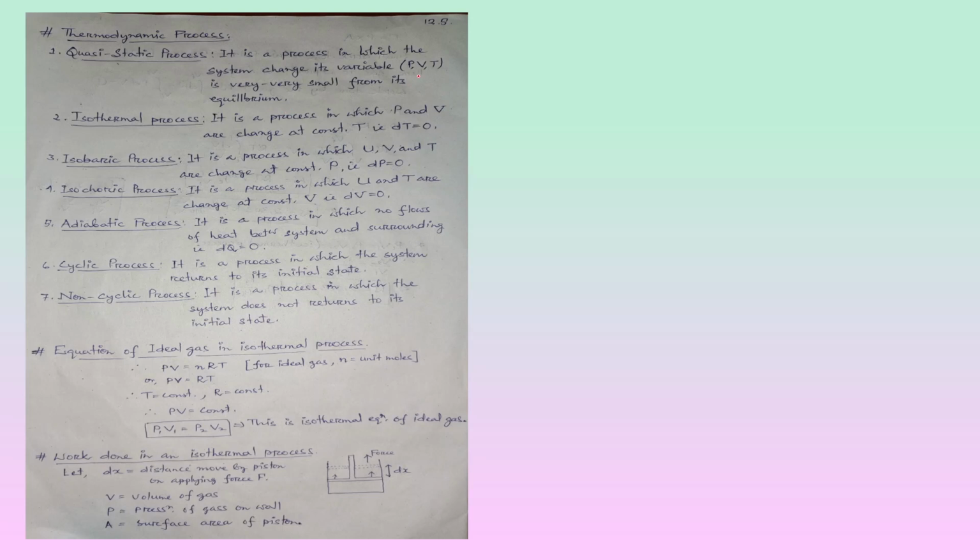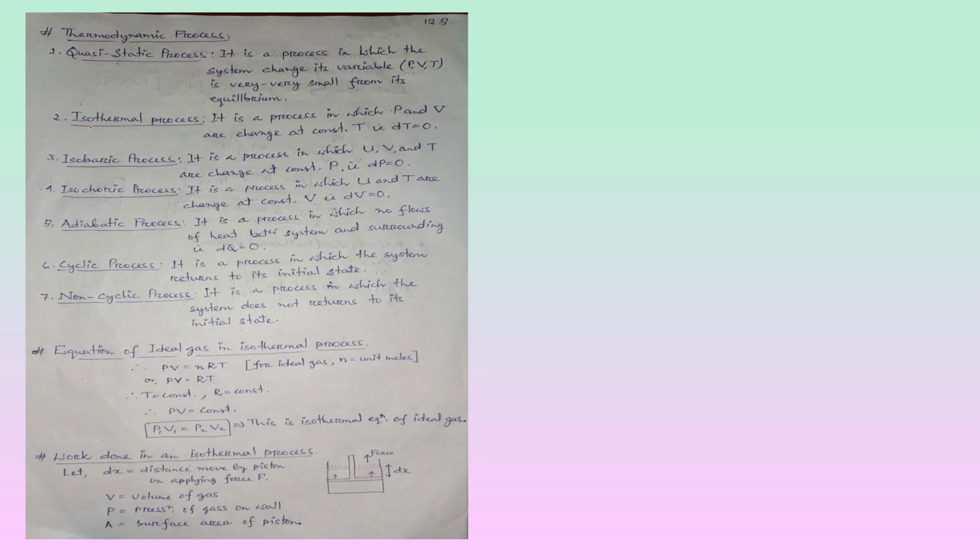That means from their initial condition they don't show any large changes. That process is a quasi-static process. I repeat again, the system shows a very small amount of change in its variables. This means pressure, volume, temperature show very small changes. That process is our quasi-static process.